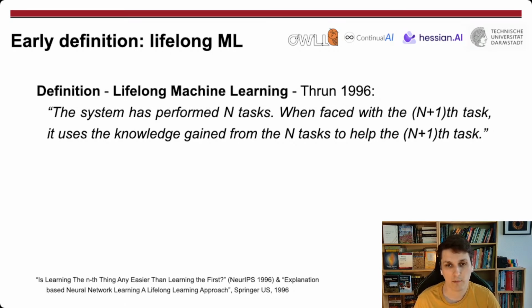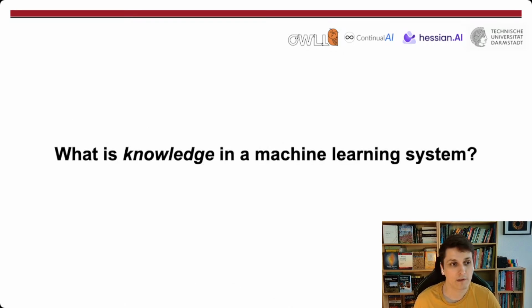When faced with the n plus 1th task, it uses the knowledge gained from the n tasks to help the n plus 1th task. As we can see, it's not a very comprehensive definition, and it focuses on one aspect in particular. It's very focused on just the idea that we can use whatever knowledge we have gathered to advance a new task.